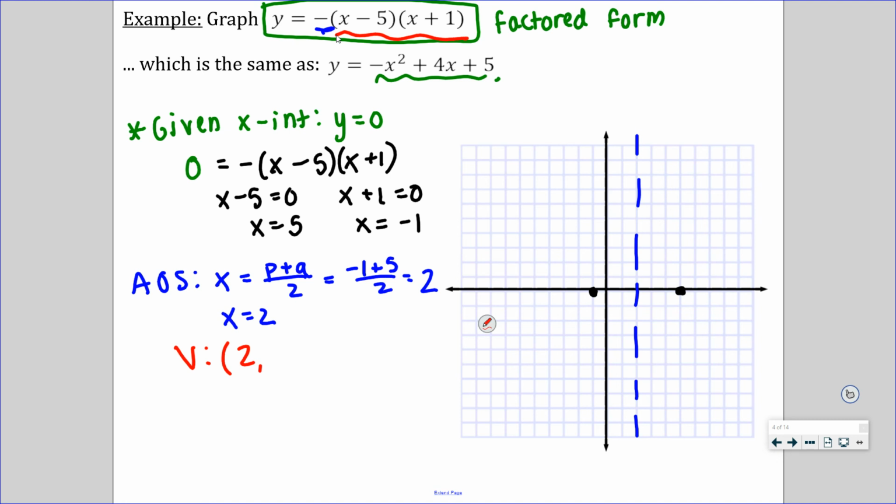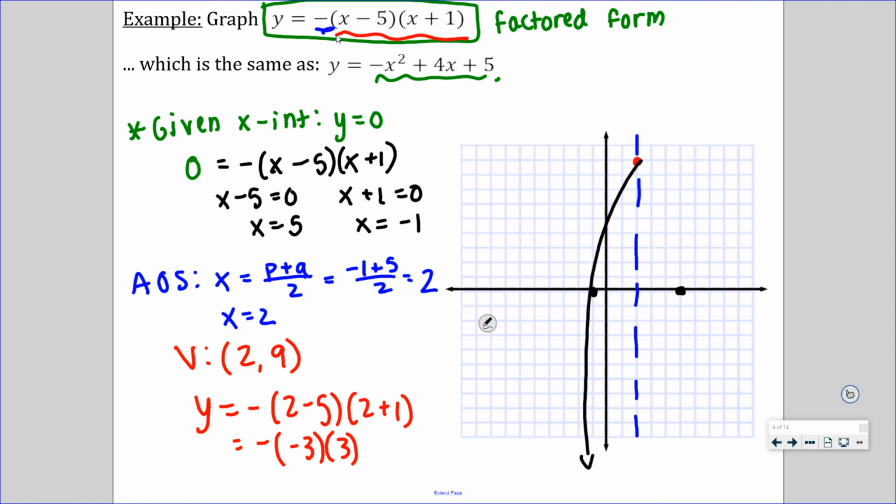So let's do that down here. We can do this in our head. We end up getting negative 1 times negative 3 times positive 3, which gives us positive 9, which makes sense because we knew it should be somewhere up here. And there you go. We can graph it now.